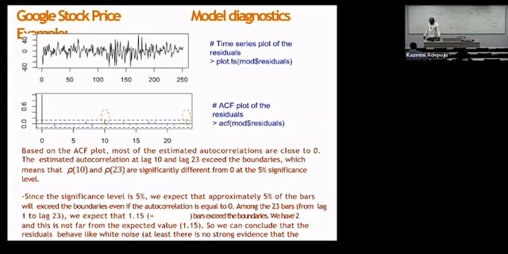Then the second one is the autocorrelation function plot for the residual. And for the residual to behave like white noise, we expect the autocorrelation from lag 1 all the way to be 0.